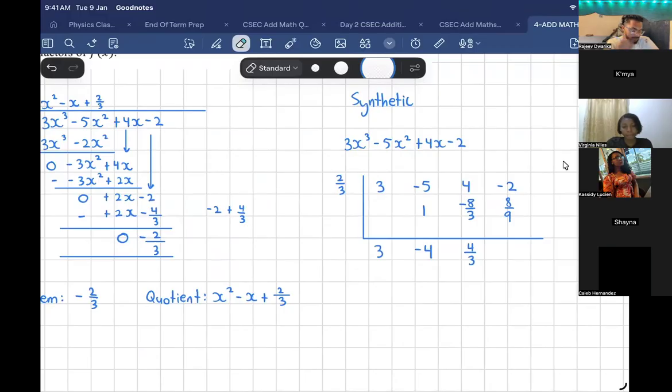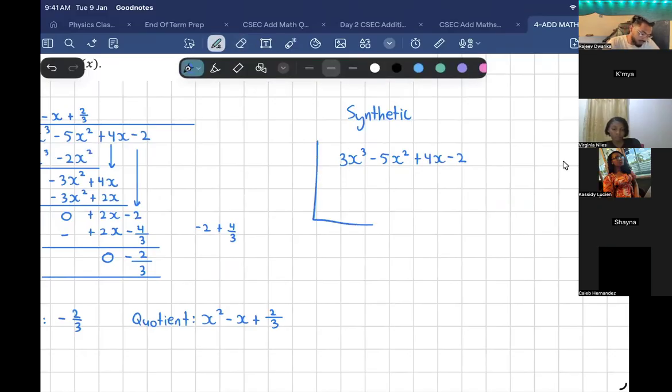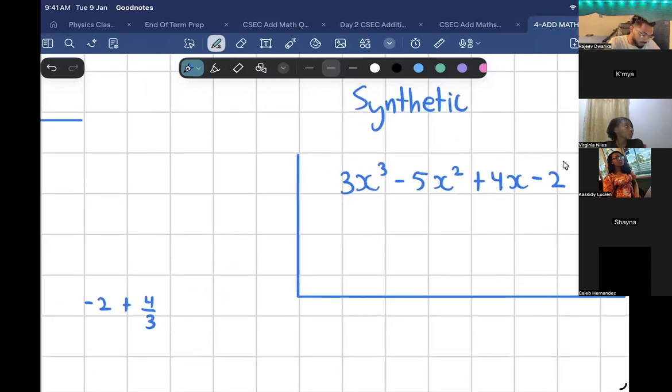Let me go back over this. Synthetic division most likely uses the remainder theorem, the factor theorem, to work. I'm trying to engineer this.